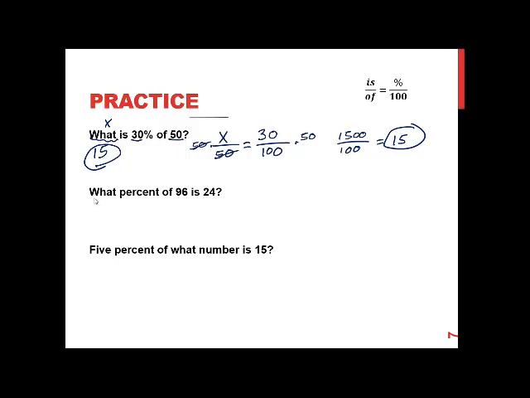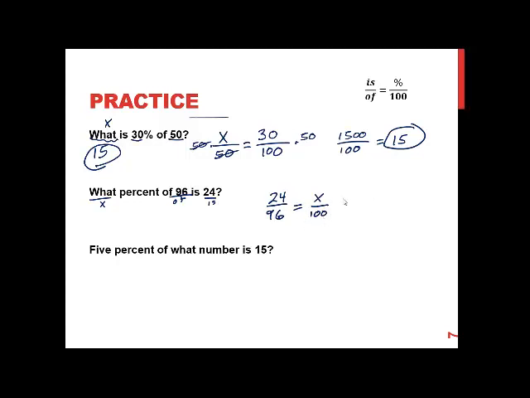Let's look at this one. What percent of 96 is 24? So our is 24. Our of is 96. And the percent is what we don't know. So we'll set it up as 24 over 96 equals x over 100.